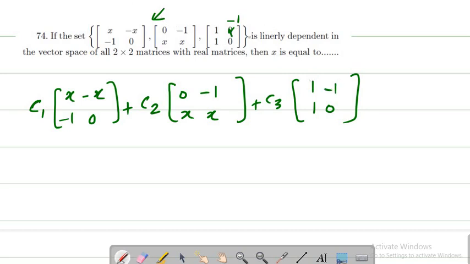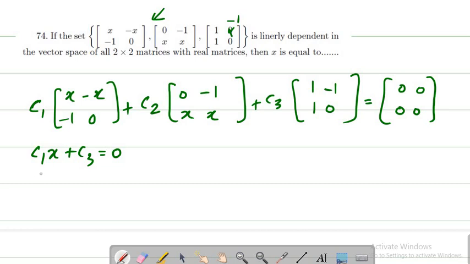So if you have three vectors like this, then the linear combination of this equal to 0. If I can make this linear combination equal to 0 by choosing at least some non-zero ci's, then we say that the vectors are linearly dependent, right? So if I solve this, I'm going to get some equations over here. I get c1x plus c3 is 0.